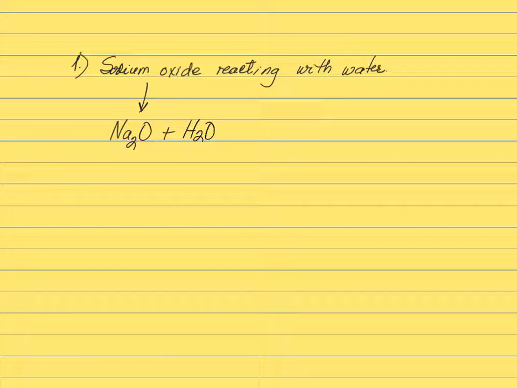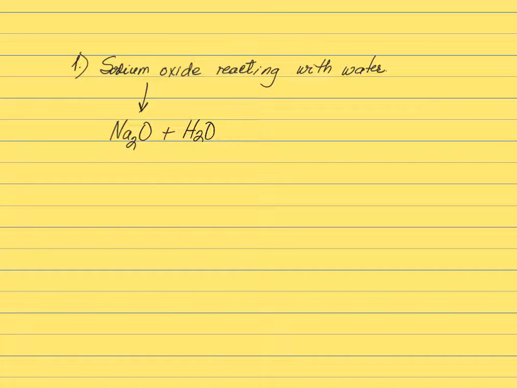I have two compounds reacting. Do I have a single replacement reaction? Impossible, because you know that in single replacement, you always have an element and a compound. So you can cross that off your list.